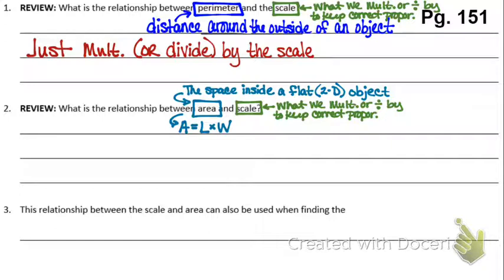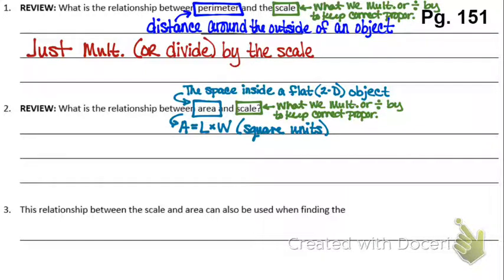What kind of units were we ending up with? Square units. Because we were doing things like inches times inches, feet times feet, meters times meters.